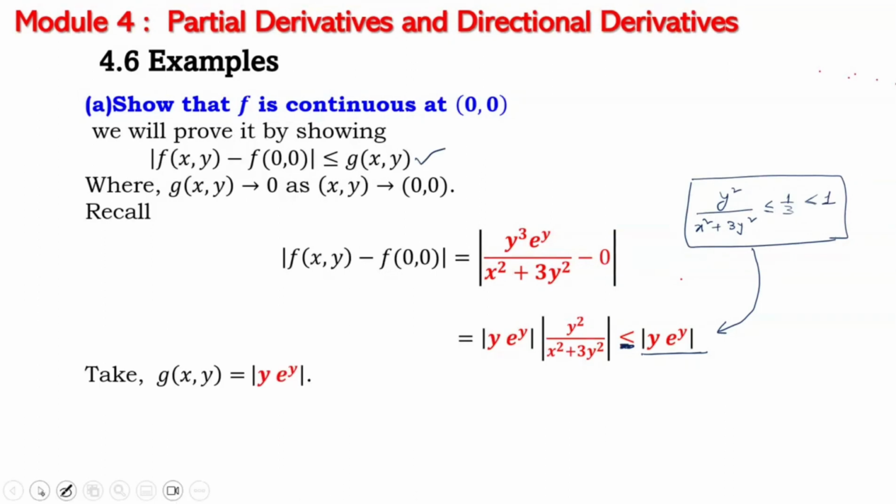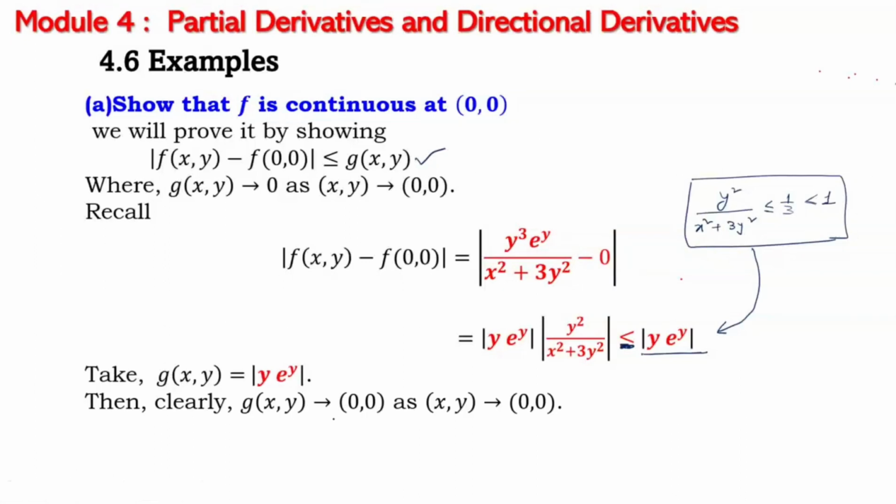Take g(x,y) equal to the absolute value of y e^y, and then clearly g(x,y) goes to 0 as (x,y) tends to (0,0). Therefore we fulfill the conditions, and this implies that f is continuous at (0,0).